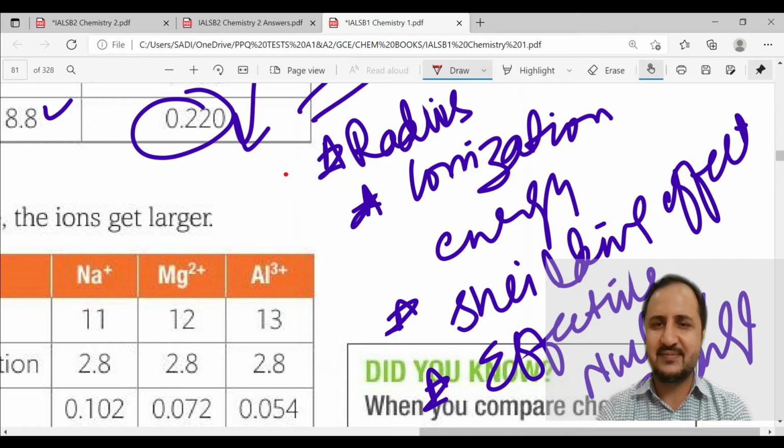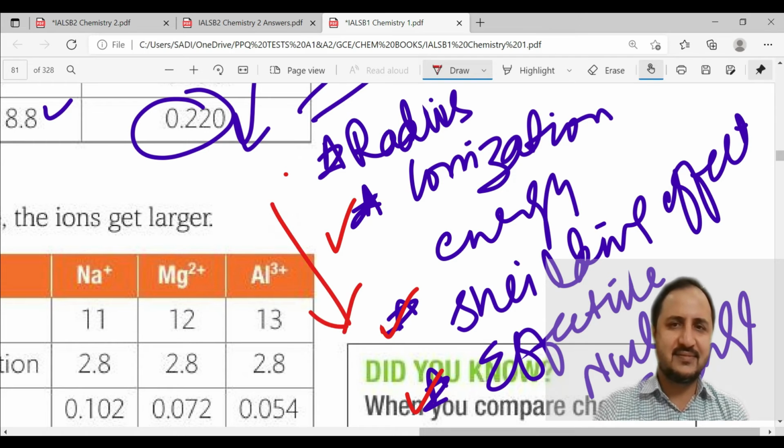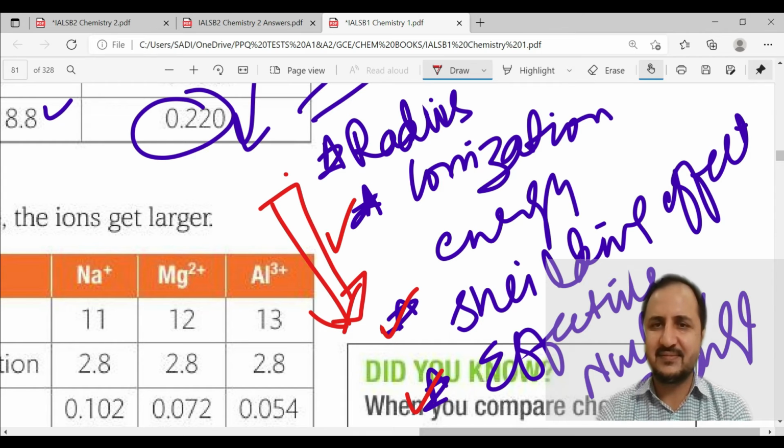I have to explain the atomic radius in terms of ionization energy, in terms of shielding effect, in terms of effective nuclear charge. There are two explanations. One is down the group and the other is across the period. So right now we are talking about down the group.